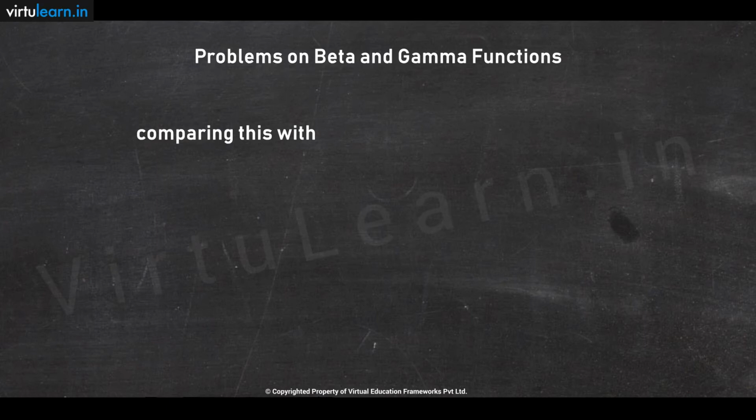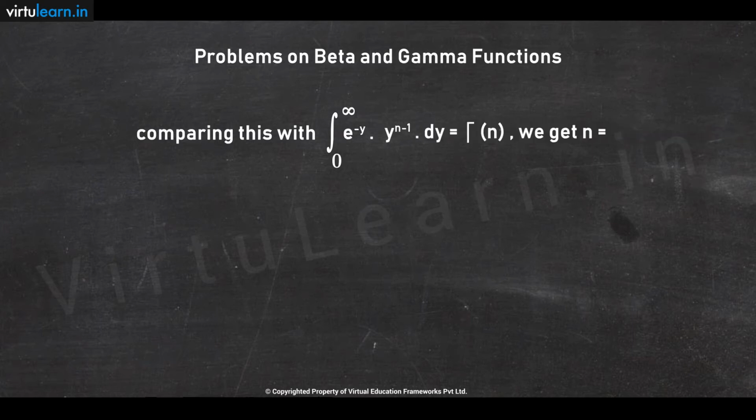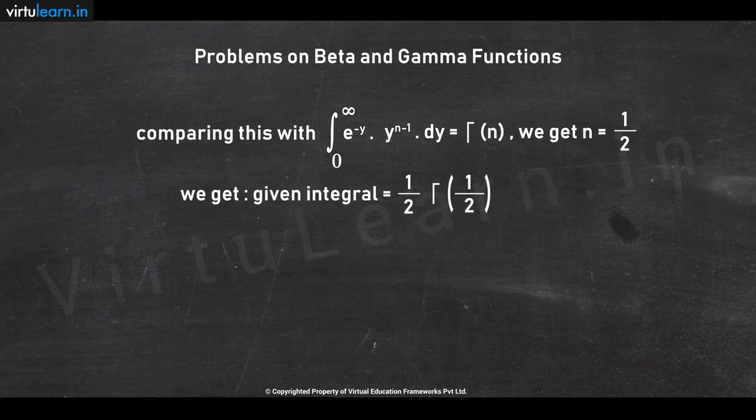Comparing this with the definition of the gamma function, that is integral 0 to infinity e power minus y y to the power of n minus 1 dy equal to gamma n, we get n equal to 1 by 2. Therefore the given integral is equal to half of gamma half, or root pi divided by 2, since gamma half is equal to root pi.